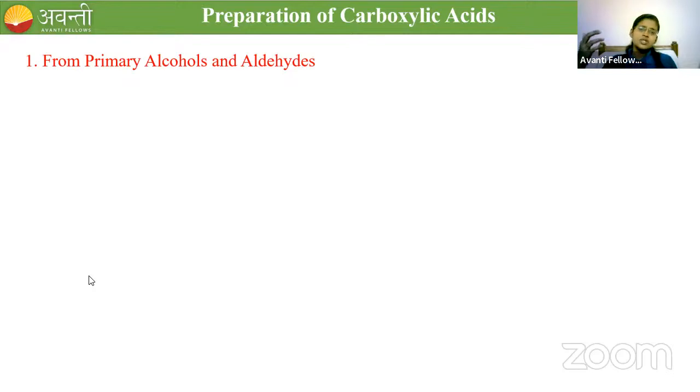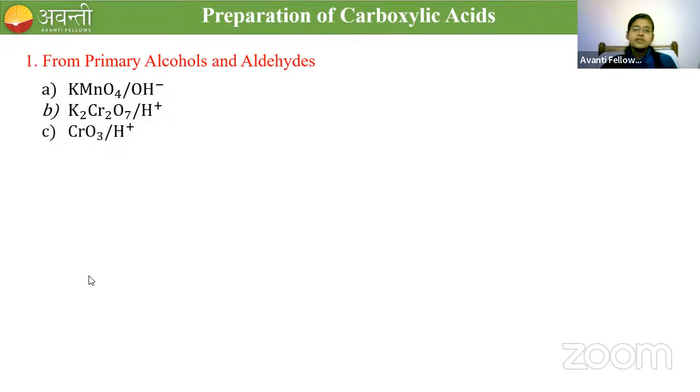So we have to use oxidizing agents, right? The very first important oxidizing agent is potassium permanganate in basic medium. The second one is potassium dichromate in acidic medium. The third reagent is CrO3 in presence of H+, which is called Jones reagent.